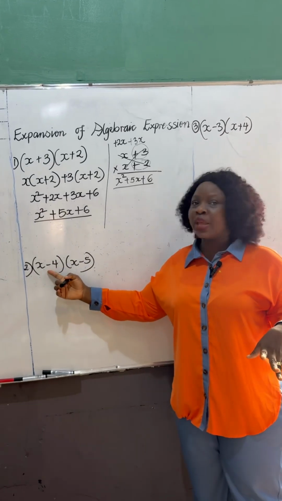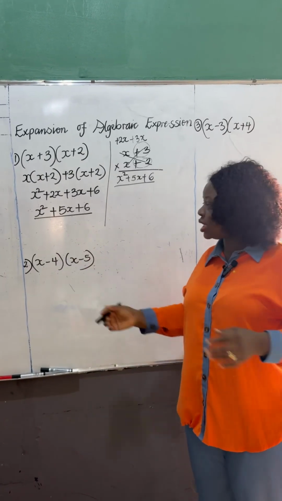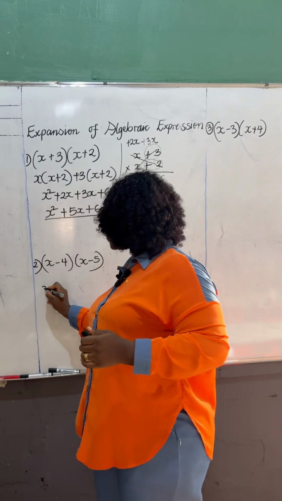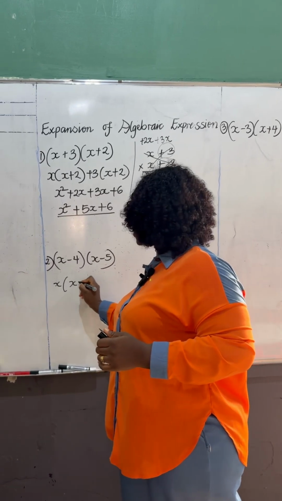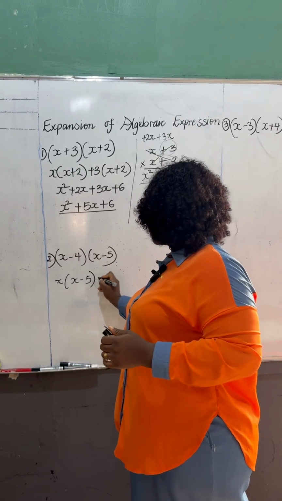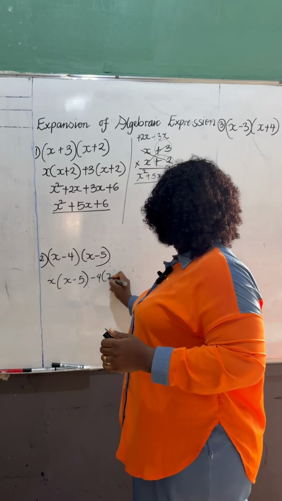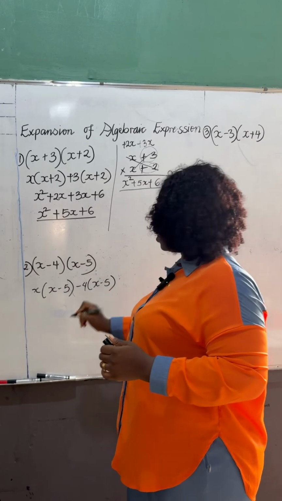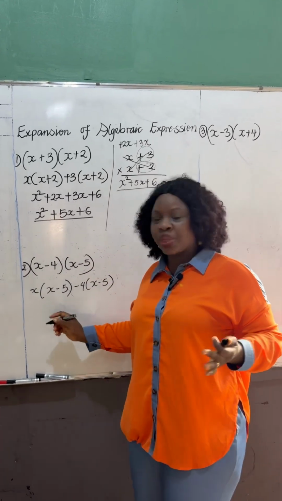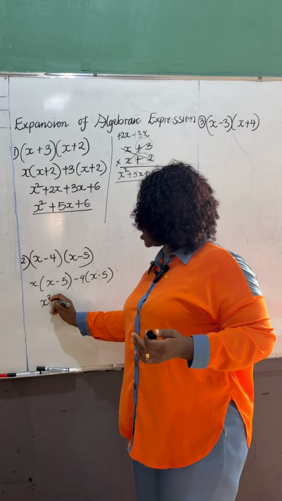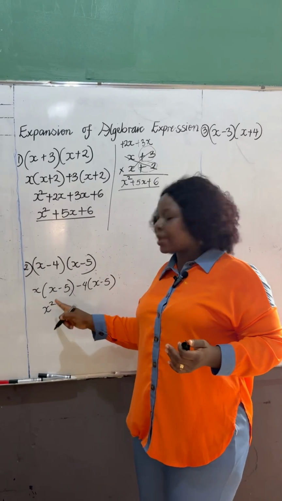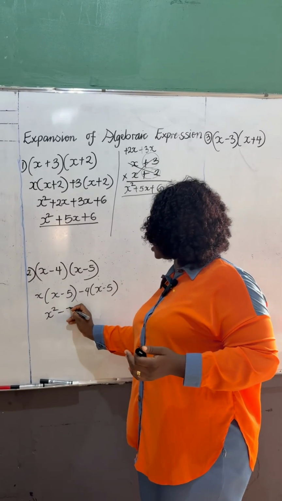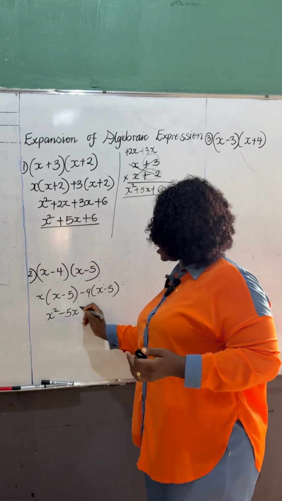Let's look at the second one. This one we see we have negative signs. So we have x into x minus 5, then we have minus 4 into x minus 5. x times x will give us x squared, and x times minus 5 will give us minus 5x.